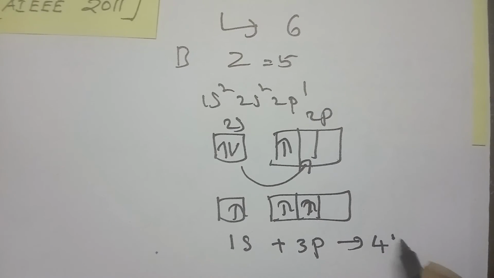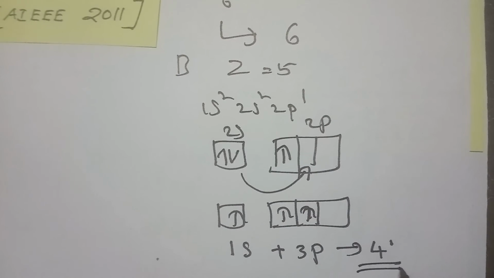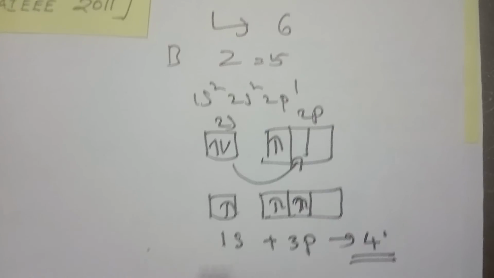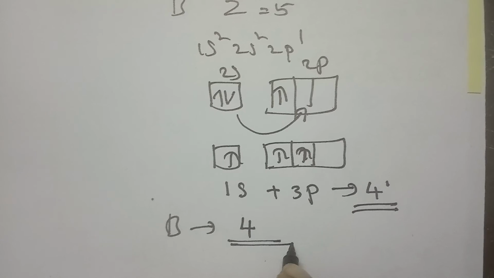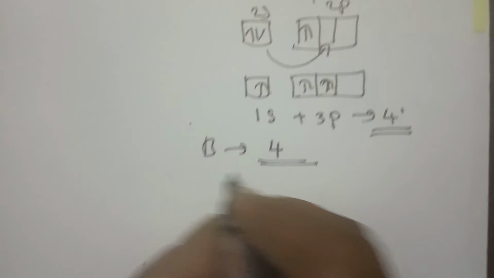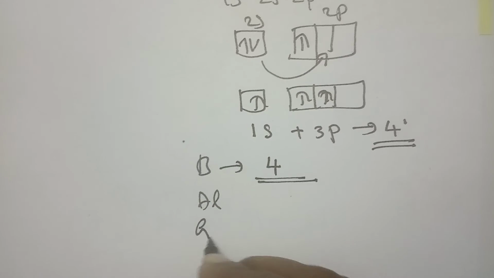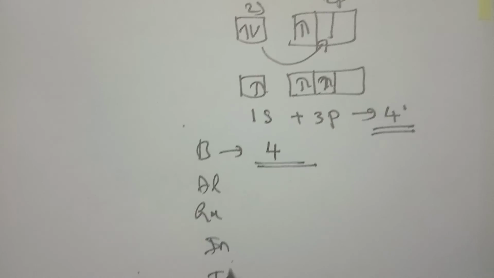So you have only 4 vacant orbitals available. So the maximum covalency of boron is only 4, whereas the other elements, aluminium, gallium, indium and thallium, all can have a covalency of 6.